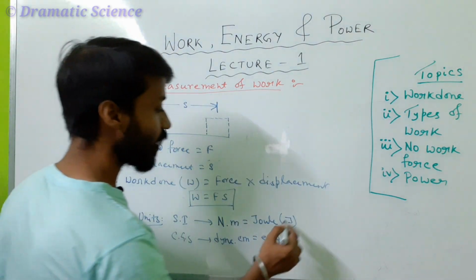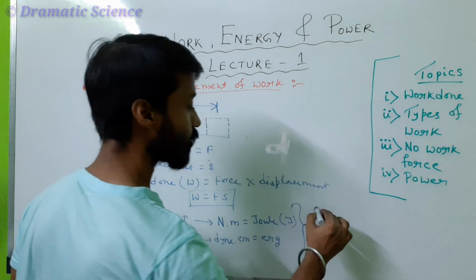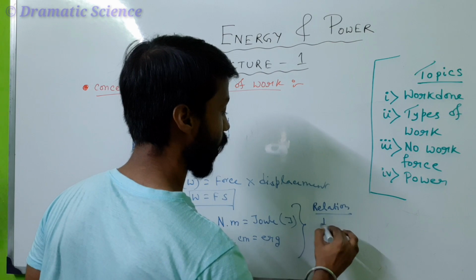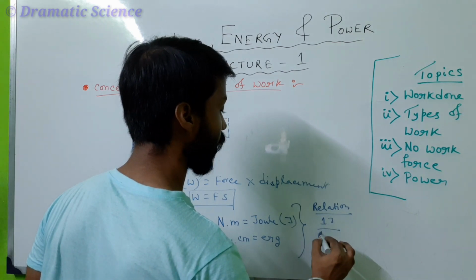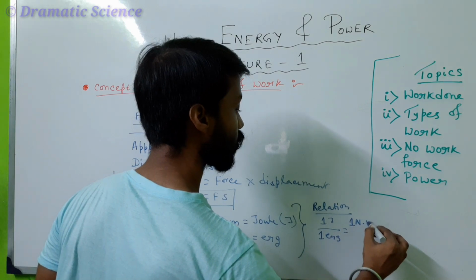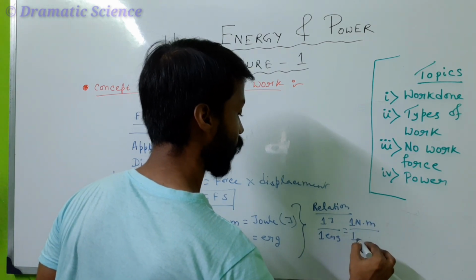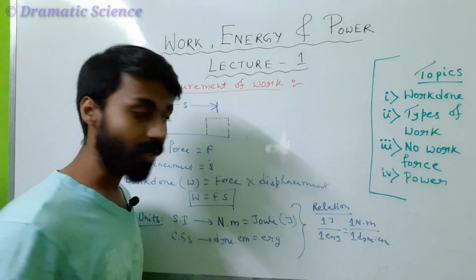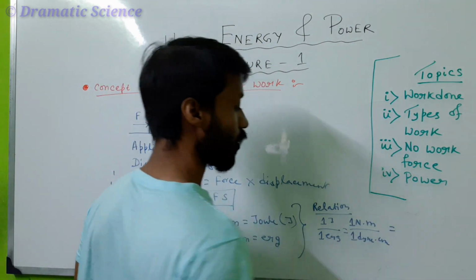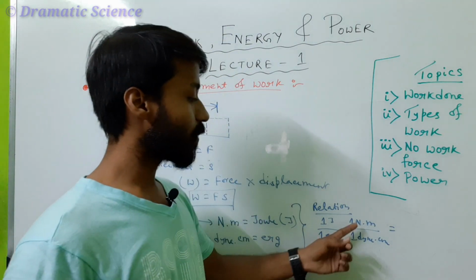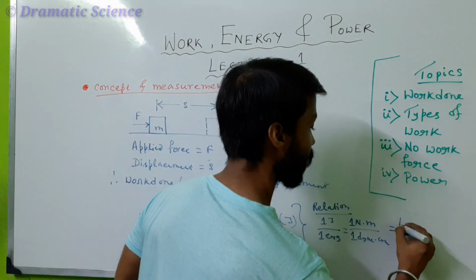How can we define the relation between joule and erg? Simply take a ratio, 1 joule by 1 erg. 1 joule is 1 Newton into meter and 1 erg is 1 dyne into centimeter, right? So what is the relation between Newton and dyne?